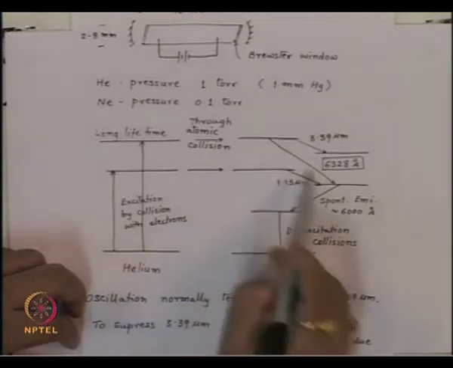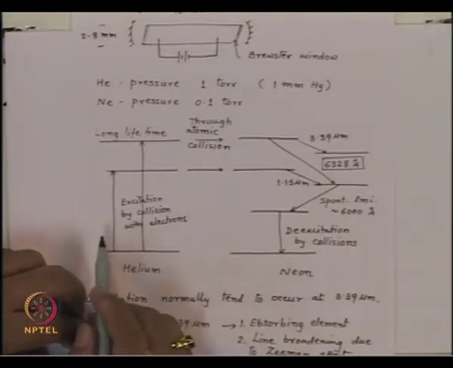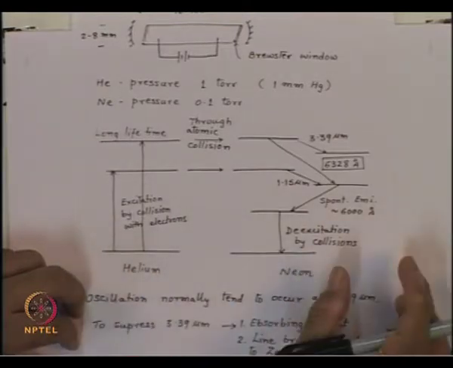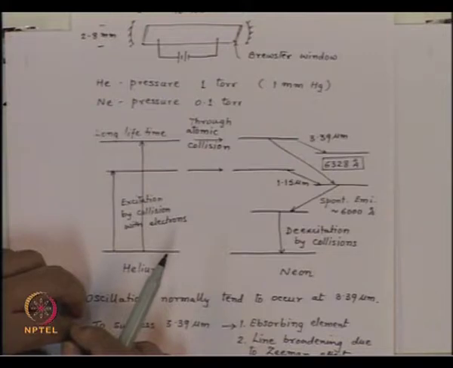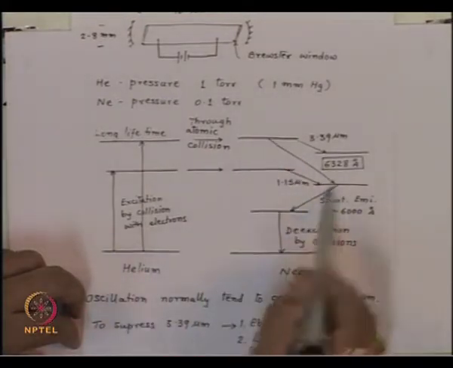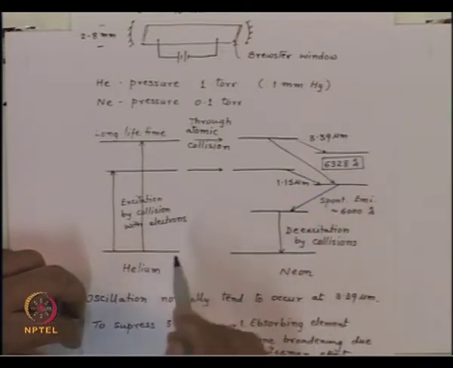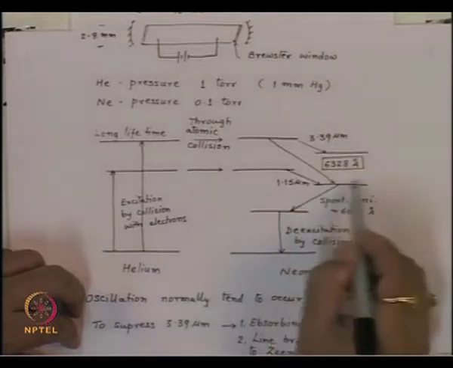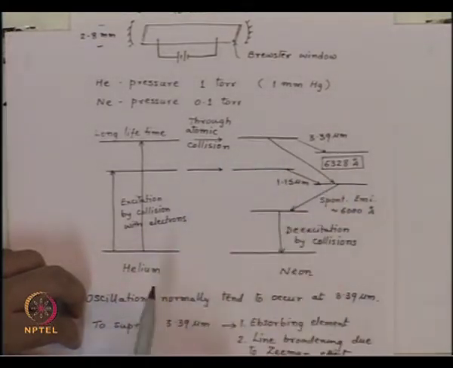So, one can work out appropriate energy levels which can give the light in the visible range in the red color. We will see that the difference from here to here corresponds to 6328 angstrom, or in the red region. So, in fact, this is the transition which is of interest.